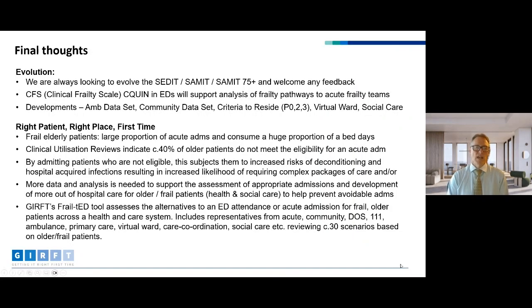And the last thing I would say is that GIRFT also undertakes a tool called FrailTED, which does a scenario-based audit of the availability of services that would prevent both attendance at the ED but also admission. And it's a system-wide approach that helps to develop a baseline in terms of your out-of-hospital care to support elderly patients and prevent those inappropriate admissions.